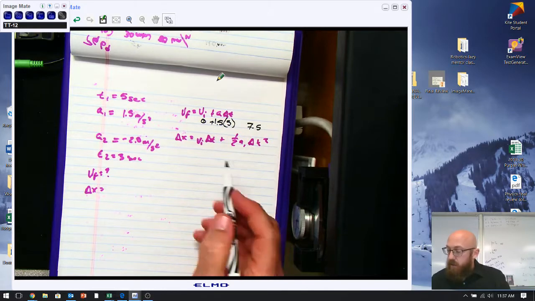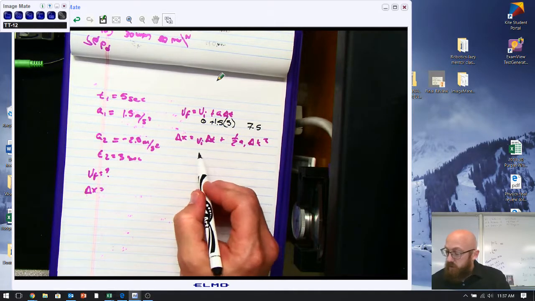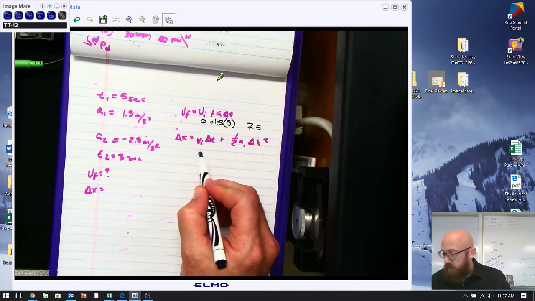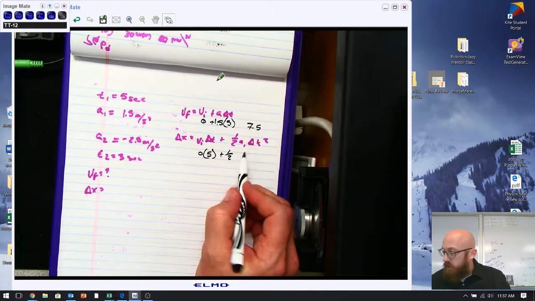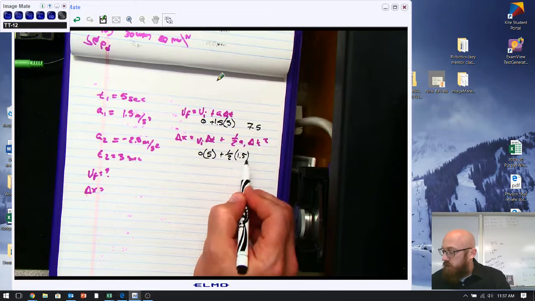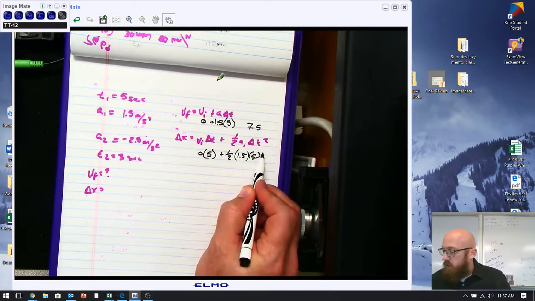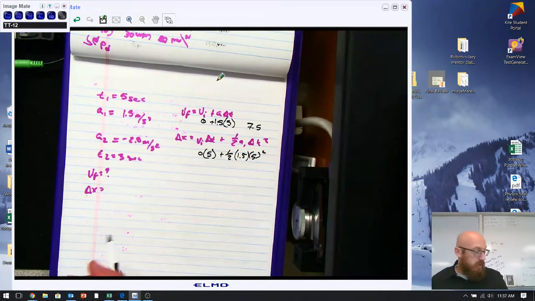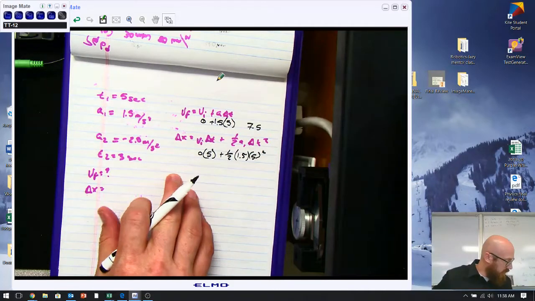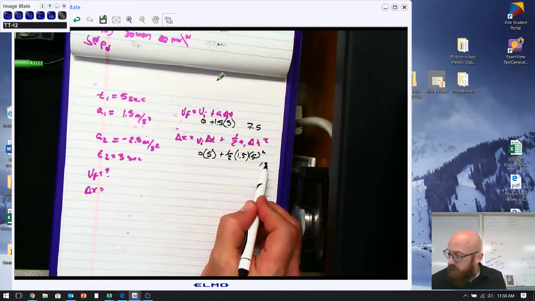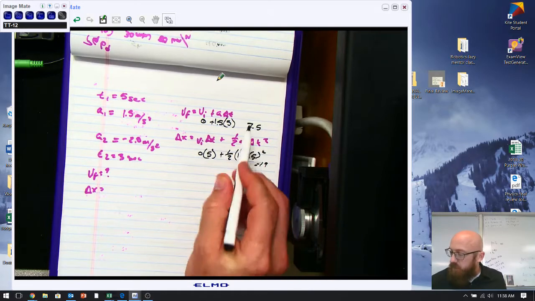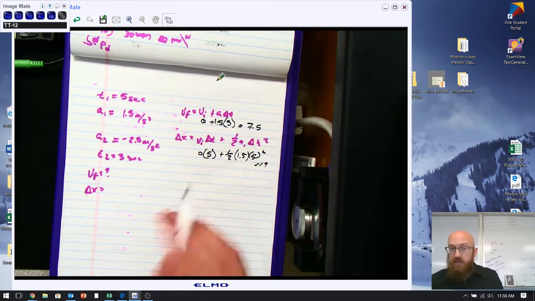Then delta x is VI, 0, times 5 seconds plus 1/2 times a, which is 1.5, times 5 squared. So that's the first interval. If we've done our math right, 7.5 and 19.